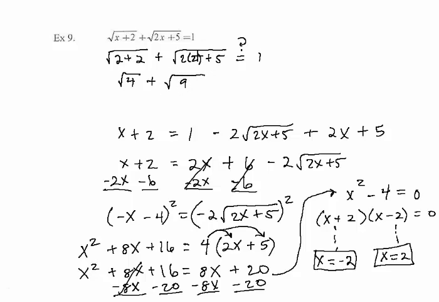The second one is the square root of 9. 2 times 2 is 4 plus 5 is 9. We get a 2 and we get a 3, and that equals 5, which does not match the right hand side. So we label the solution of x equals 2 as being extraneous.